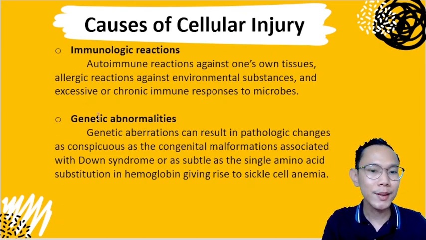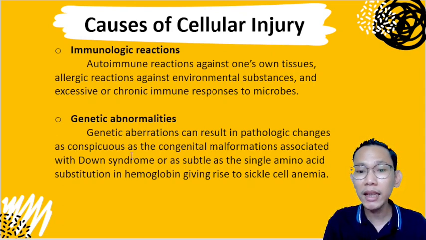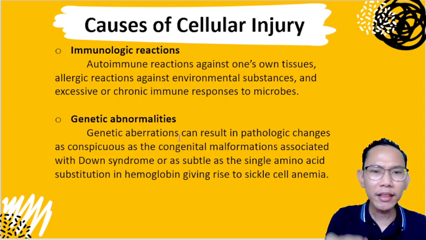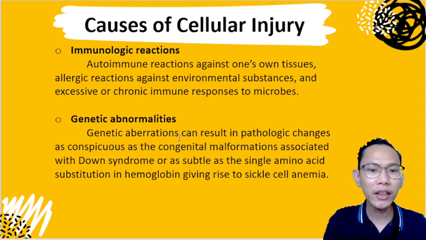Genetic abnormalities. Your genetic aberration can result in pathologic changes as conspicuous as the congenital malformations associated with Down syndrome, or subtle as the single amino acid substitution in hemoglobin, giving rise to sickle cell anemia. So kahit isang gene defect lang nangyari, that could lead to different abnormalities or problems.